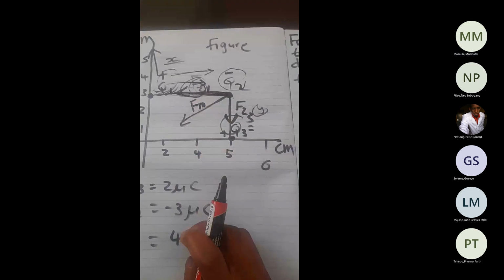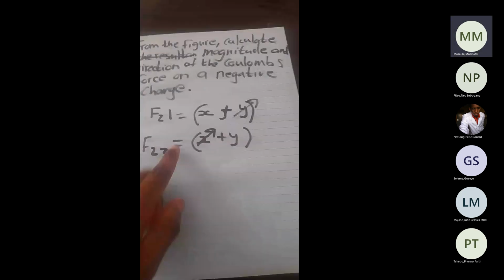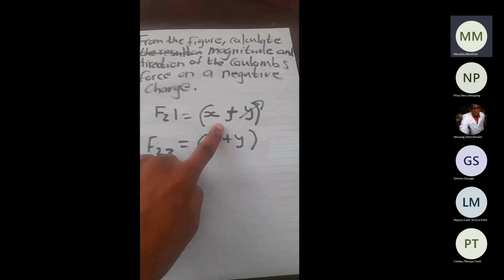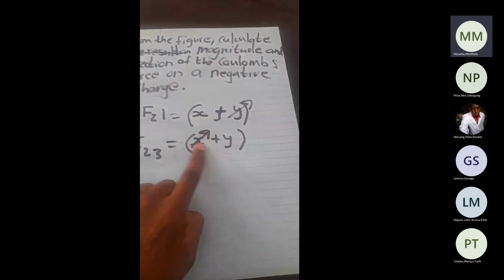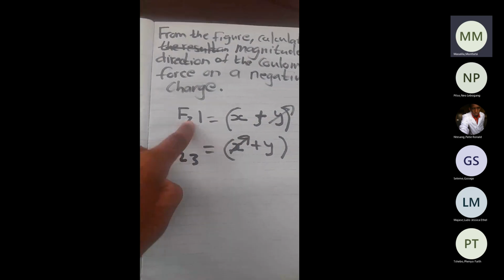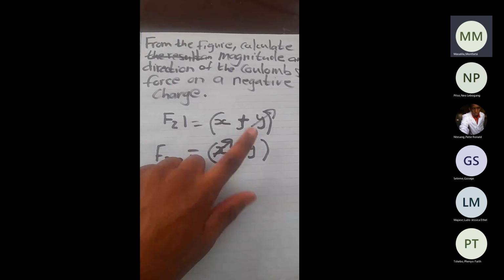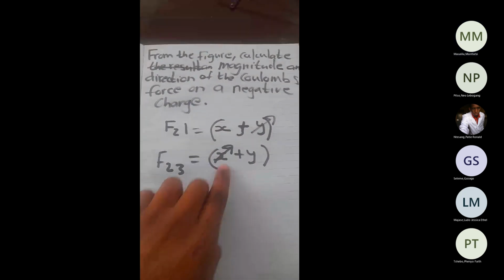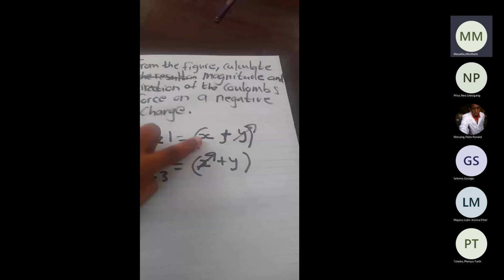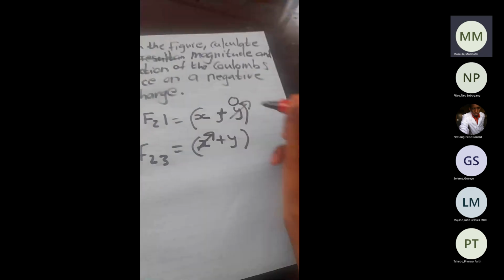You know, this thing was acting at an angle. This force 2-1, force 2-3, it's x and y. So after here, we add our x again. Here y is 0.